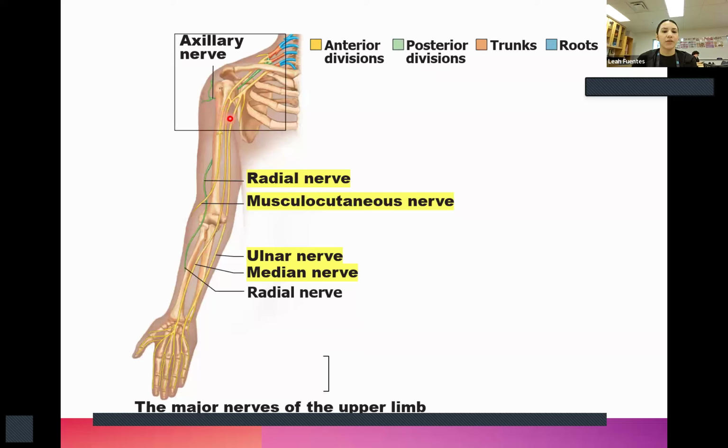So here, the yellow is the anterior divisions, and then the green is going to be the posterior. So again, these are the major nerves of the upper limb and what you would need to know. Ulnar is the closest to the inside of your body or the middle of your body. The median is going to be in the middle, and then the radial towards the outside or lateral.